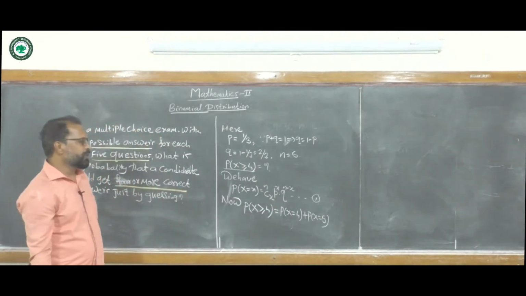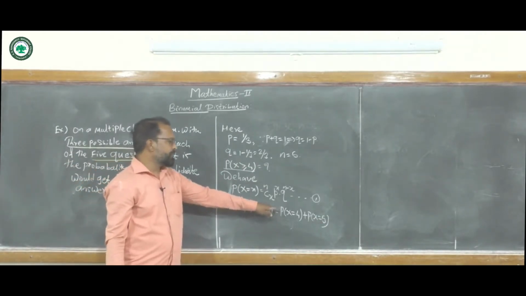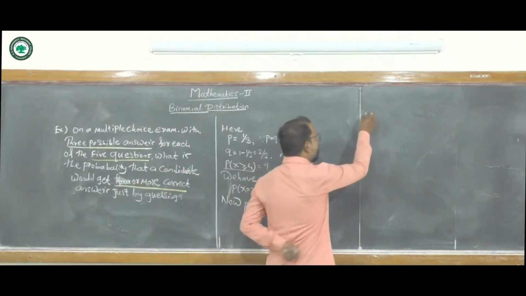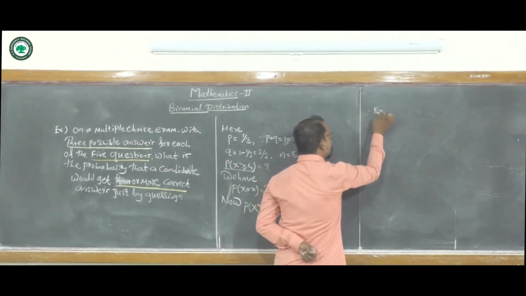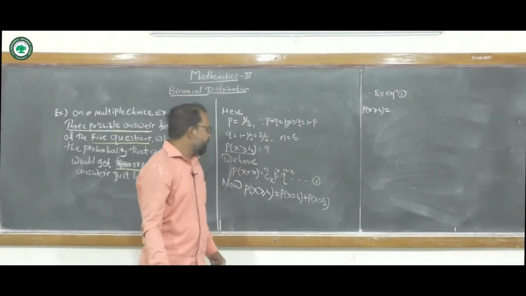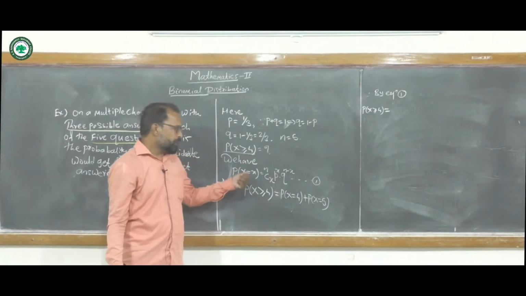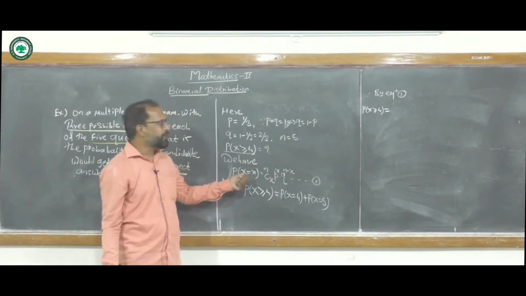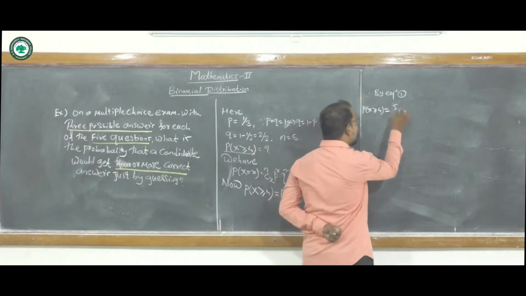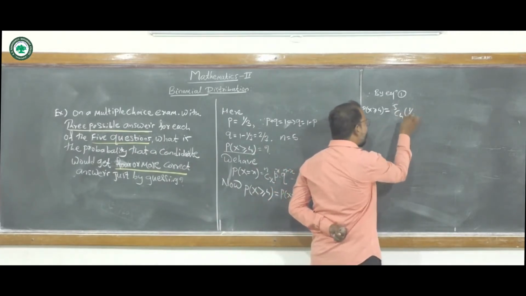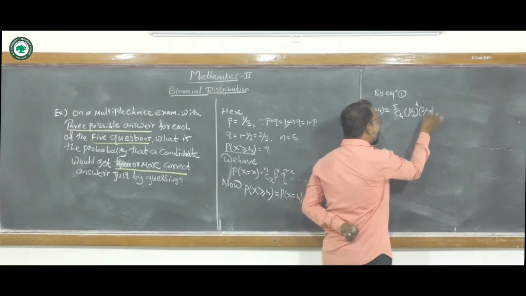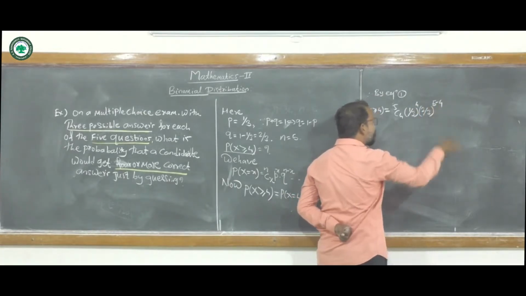Now putting all the values in equation 1, we write 5C4 into (1 by 3) raised to 4 into (2 by 3) raised to 5 minus 4.